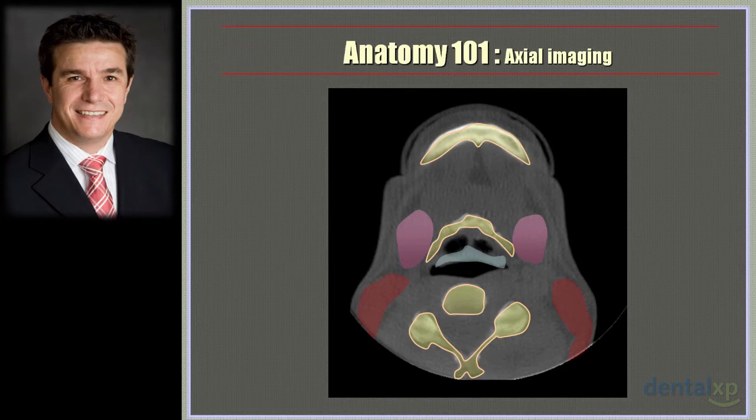So if we identify calcifications in a scan in that area, almost attached, as you can see, to the hyoid bone on either side of the airway, this may be sialoliths, or calcifications in the submandibular salivary glands. This is an area of concern which is highlighted by this red ring.